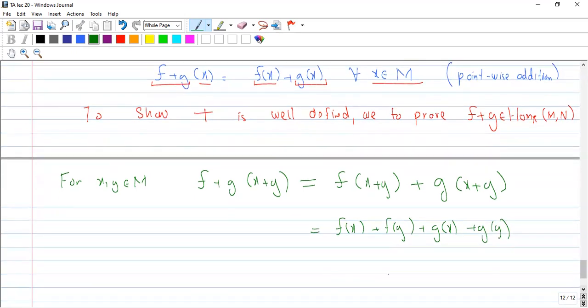Now after rearranging, it is equal to f of x plus g of x and f of y plus g of y.